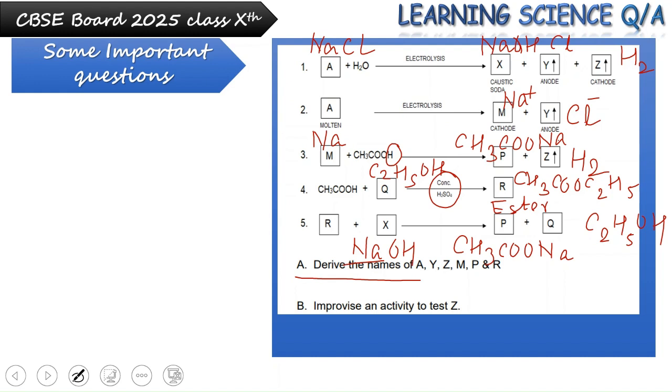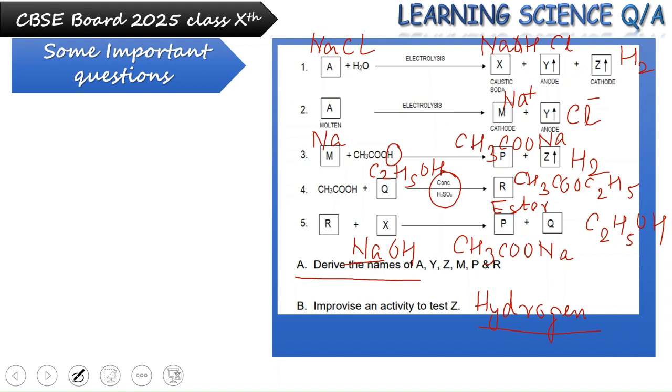The second part of this question says to improvise an activity to test Z. Now we know that Z is hydrogen gas, and students, we have so many questions in examination that ask you to test the presence of this particular gas.